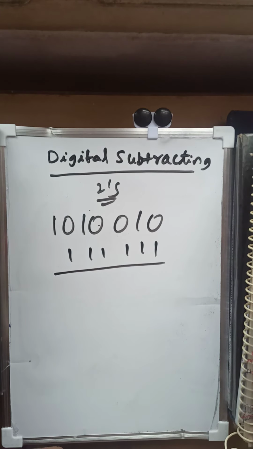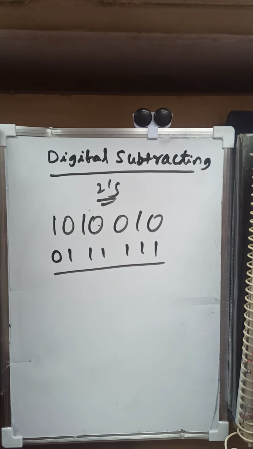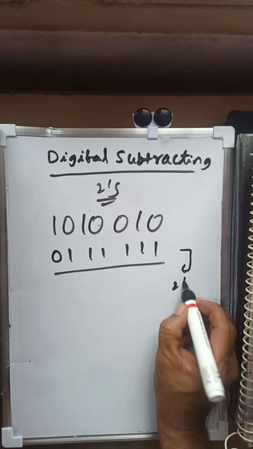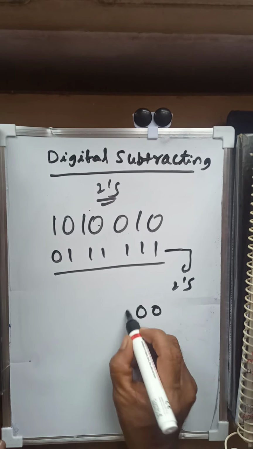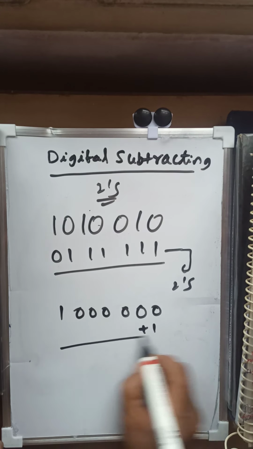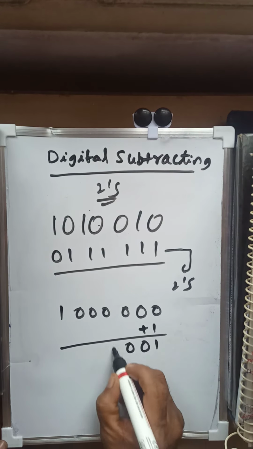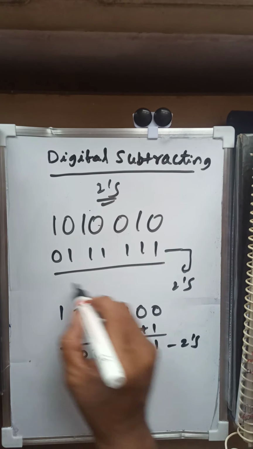For the 2's complement, we need to fill with 0 and apply the 2's complement to the bottom number. That means take the 1's complement and add 1, which gives 1 0 0 0 0 0 as the 2's complement of this number.